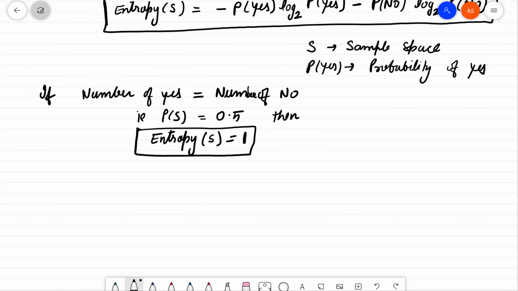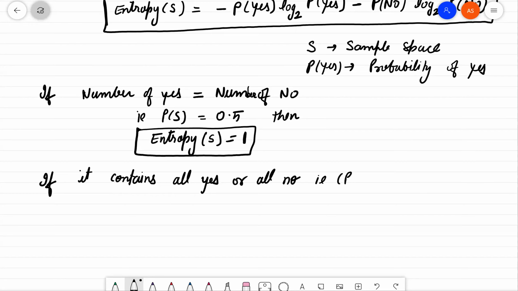And the next case is if it contains all yes or all no, then the probability is 100%, P of S is 1 or 0. Then what is the entropy in this case? Entropy will be 0.